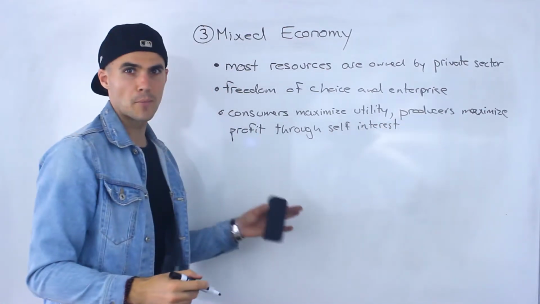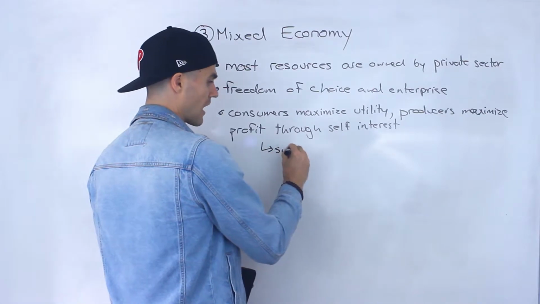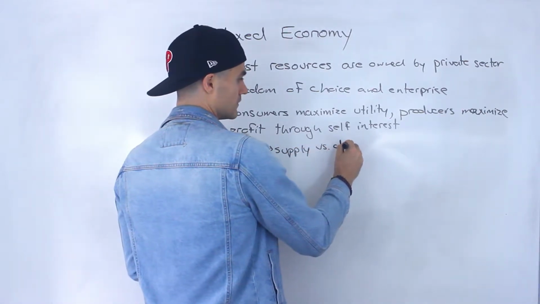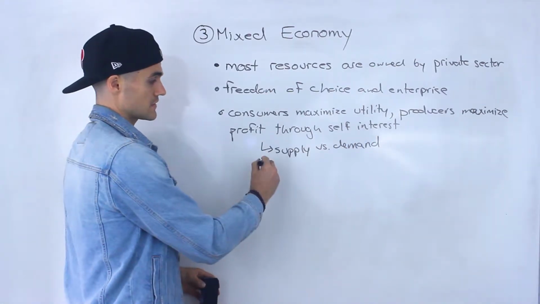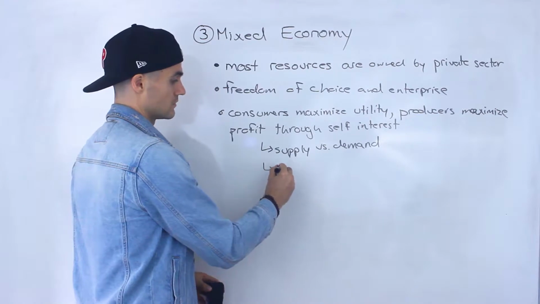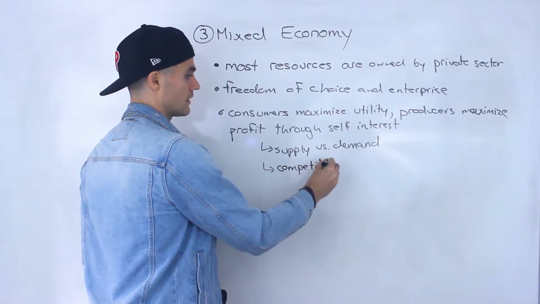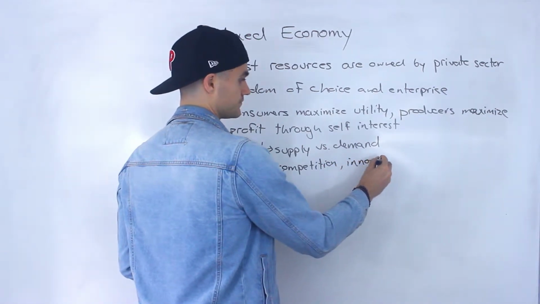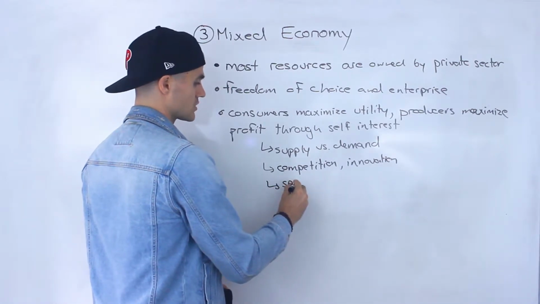Okay, so most economic activity is going to be determined with supply versus demand. And because of this, there's going to be also competition in the market. There's going to be innovation. Another word you might see is specialization.